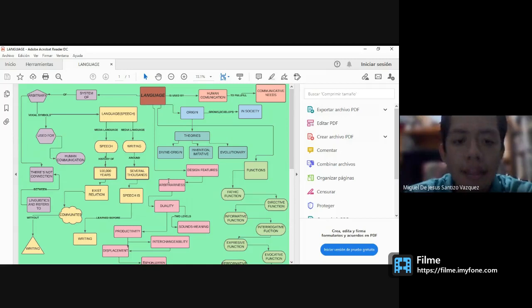The first is divine origin. Divine origin means that God gave us a present, the ability to communicate with others. Invention or imitation is that when people started working together, or when they started keeping in touch, 1,000 years ago, language grew up.